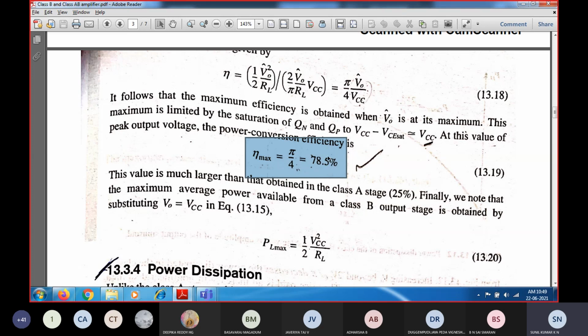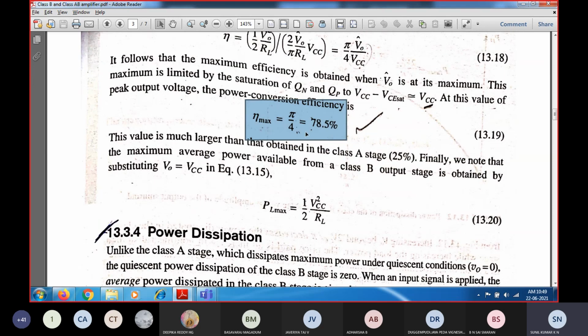The drawback here is that you are going to have a crossover distortion. So this is the maximum conversion efficiency obtained from the class B, which is greater than the class A conversion efficiency of just 25%.